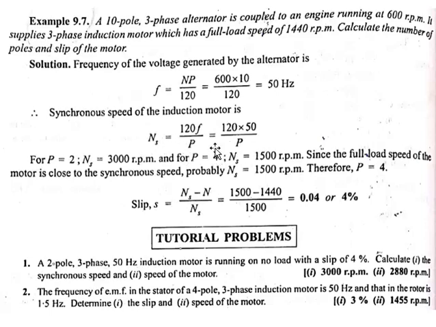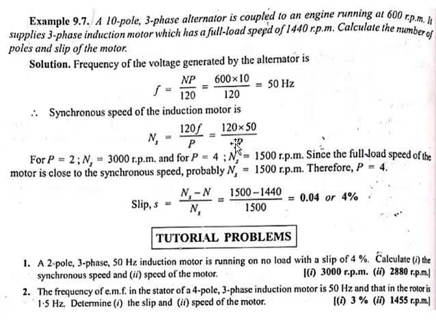The same assumption goes here. You can assume a very close value to 1440, which is the closest number, 1500. Either you can assume that ns is equal to 1500 synchronous speed and then calculate the number of poles, or go the other way. You take 120 into 50 divided by p.